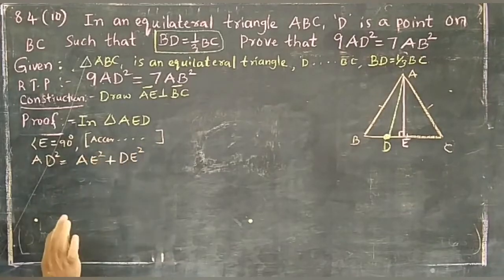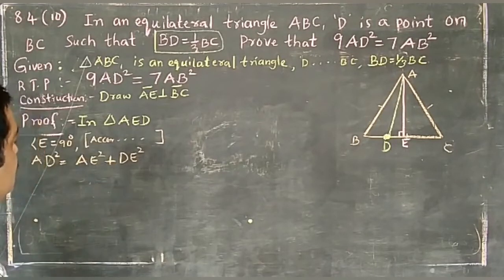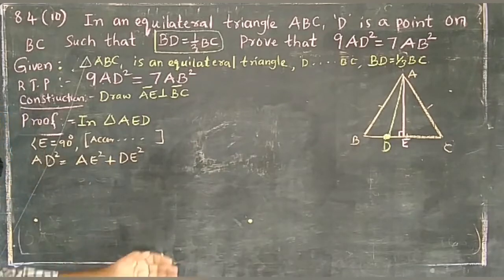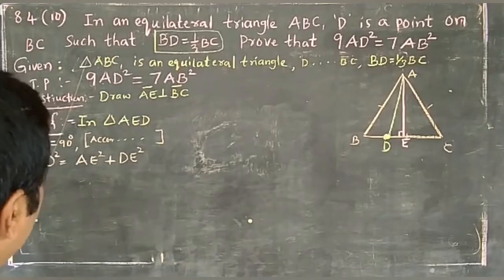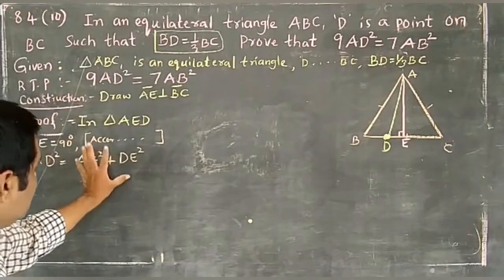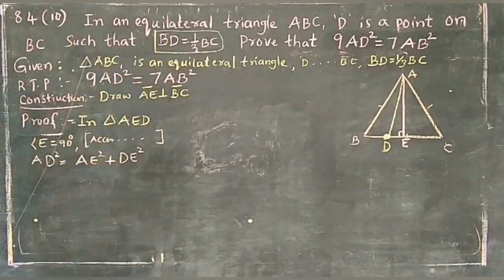Now we reached here. Next, what should we do? Slowly, this AE term and DE term we have to convert into AB. How to convert?